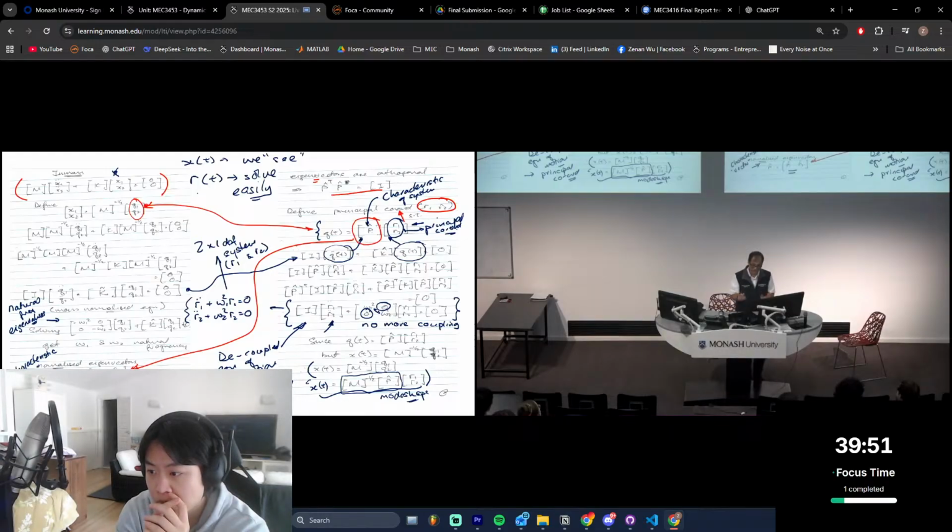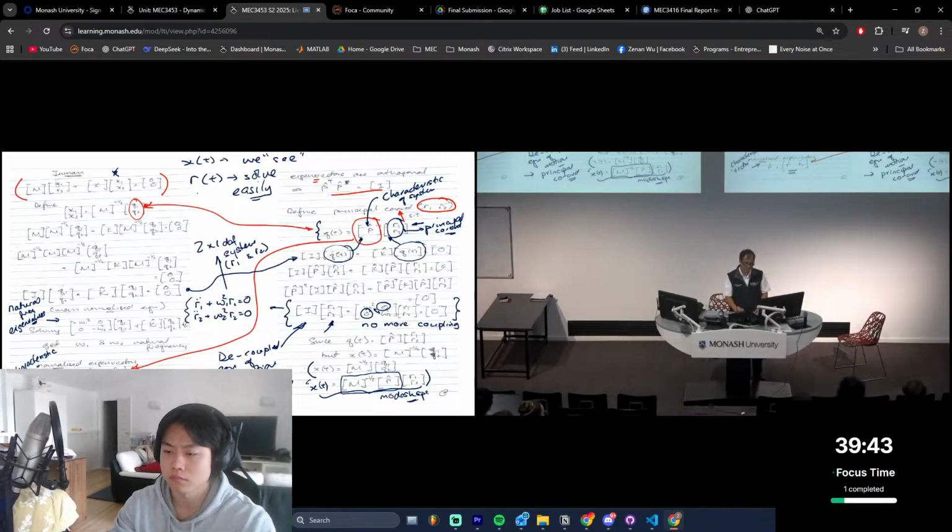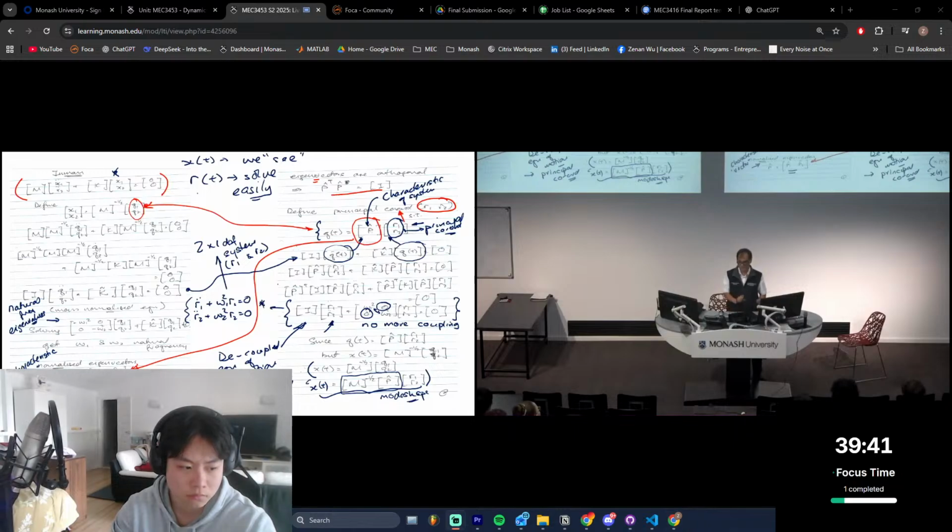Because of this, I'll be able to totally decouple the system and turn this coupled system into 1 degree of freedom systems, which I can solve very easily. I'll go through some examples with you, but this is what we're trying to do.